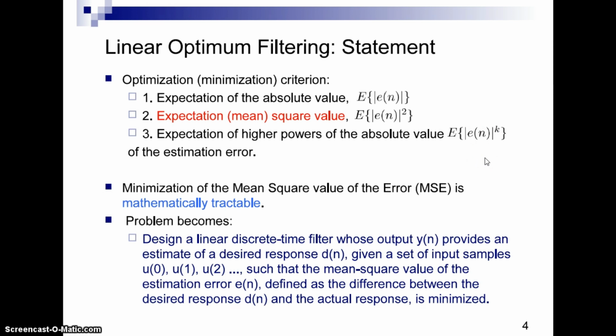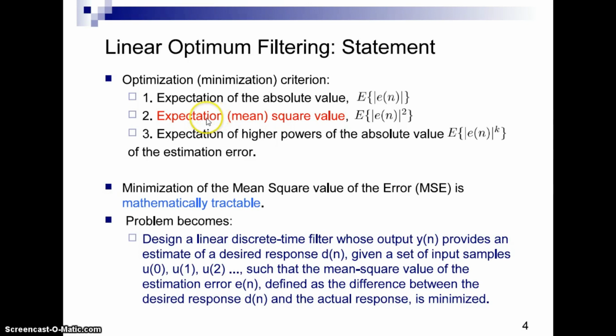Now option 2, the mean square value of the estimation error, has a clear advantage over the other two, 1 and 3, because it leads to tractable mathematics.